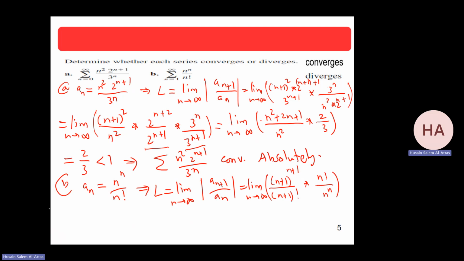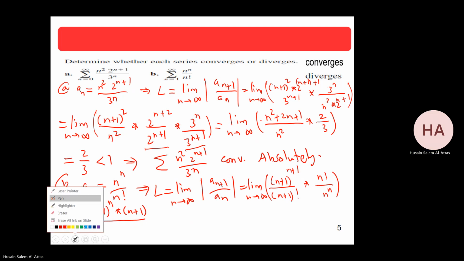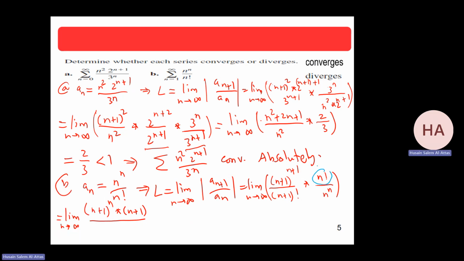You should notice that I will write (n+1) to the power n+1 as (n+1) to the power n times (n+1). What about these two? This with this. We did it before.